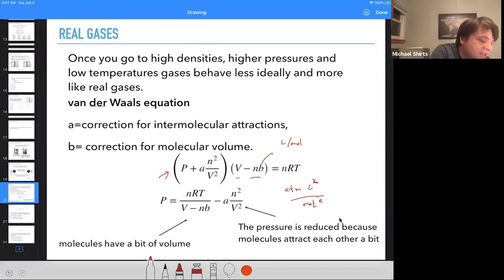With those units, the units cancel out, and you get that a times n squared over V squared has units of pressure. When you think about the n squared over V squared, the way to think about it is that for each molecule, the total amount of attraction energy with the other molecules is proportional to the density.